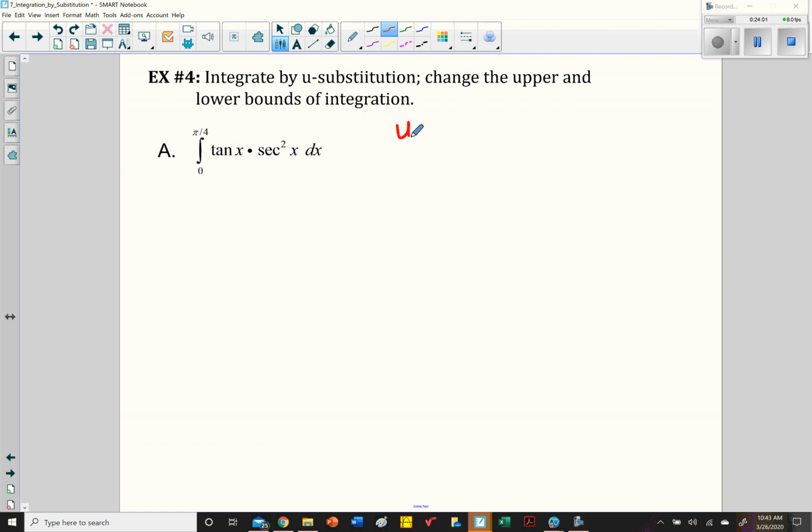In this example, if we use u as tangent, you can see that the derivative of tangent is secant squared. That's the little piece that's hiding in my problem. I'm looking for the derivative in the problem because we don't have a way to multiply. There's no multiplication rule for antiderivatives. Now, here's the tricky part.